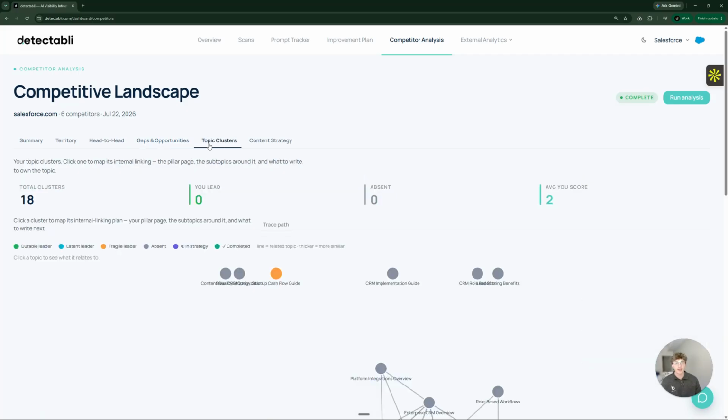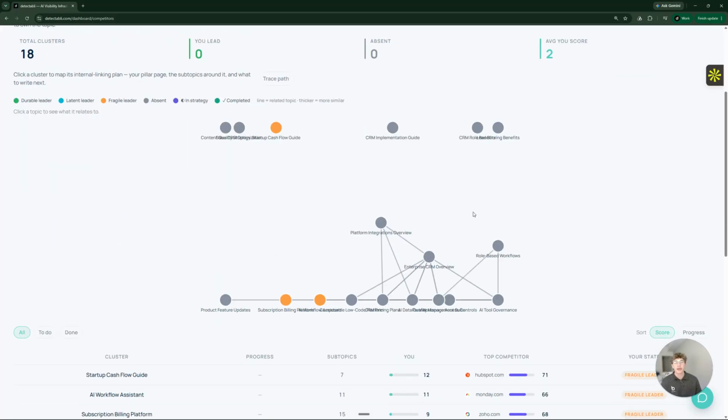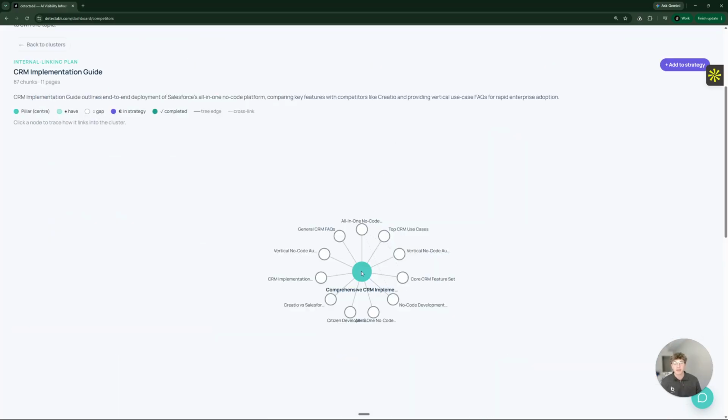Moving into our topic cluster map, this is where we understand these topics on a deeper level and can map out specific pillar posts that you need to start writing content on to make sure that you are fully comprehensive, that you are covering exactly what is needed in this specific topic for AI to recommend.